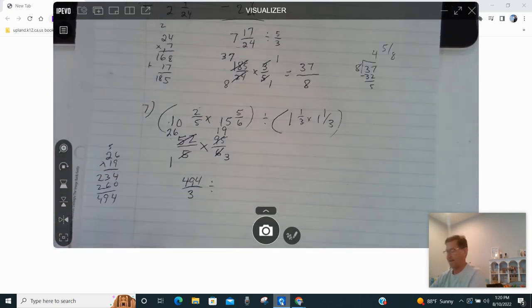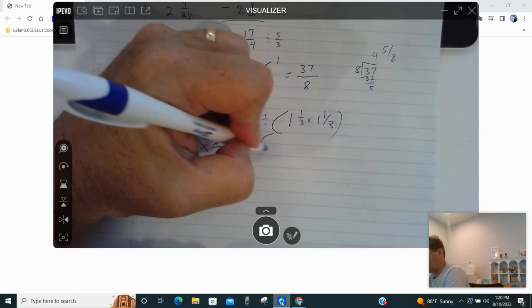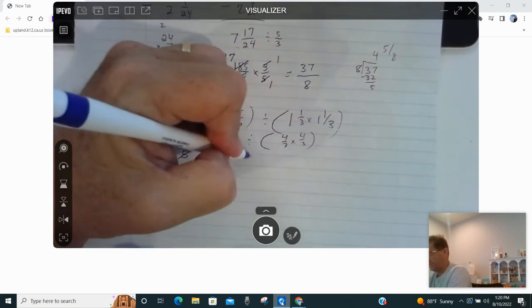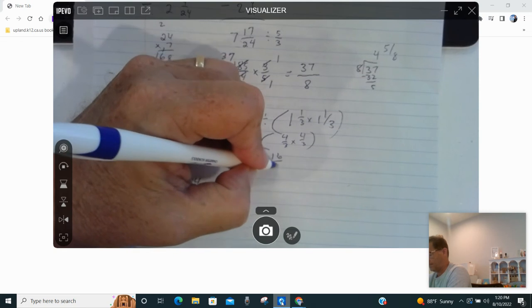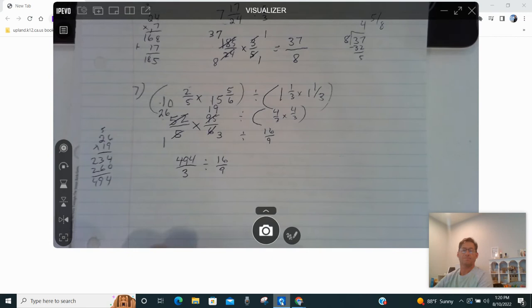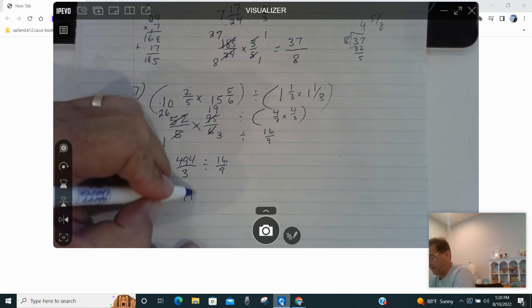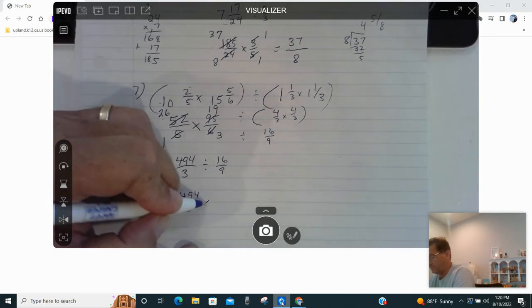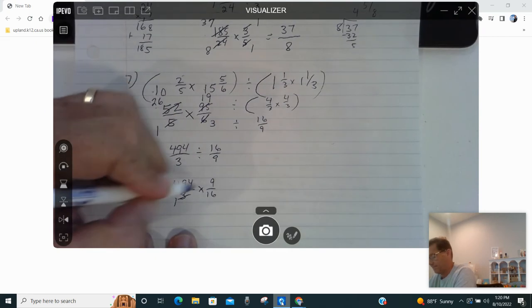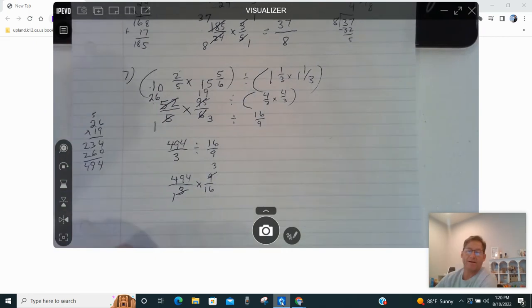And we're going to divide that by 4/3 times 4/3. So we get 16/9. All right. So multiply 494/3 by the reciprocal of 16/9. Simplify the 3 and 9 by dividing by 3.